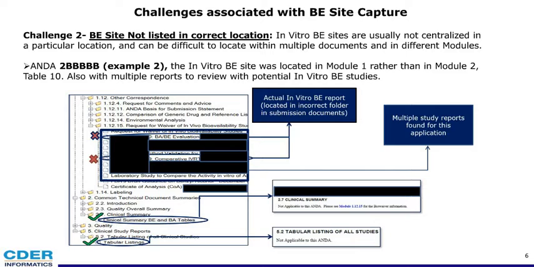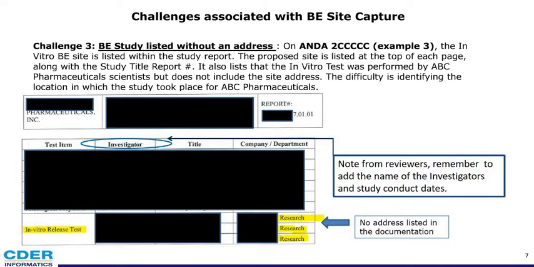And in this example, the information actually resides in module 1. In module 1, there's no table available. It only has a study report. The usual study report contains 50, 100 pages. And in this case, it's difficult for us to really define what the exact B site is, the location, the address, and all this kind of detailed information.